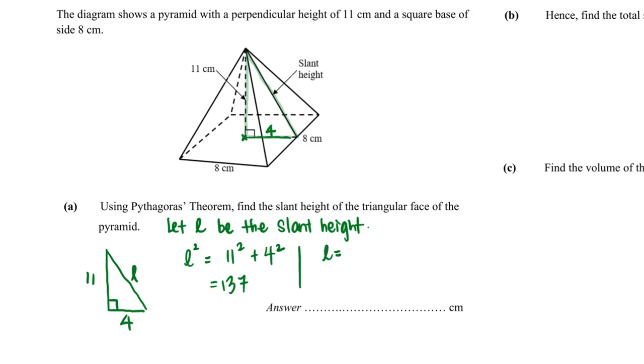So my L is the square root of 137. This will be equal to 11.7047, to 6 significant figures first. Final answer 11.7, which is to 3 SF.